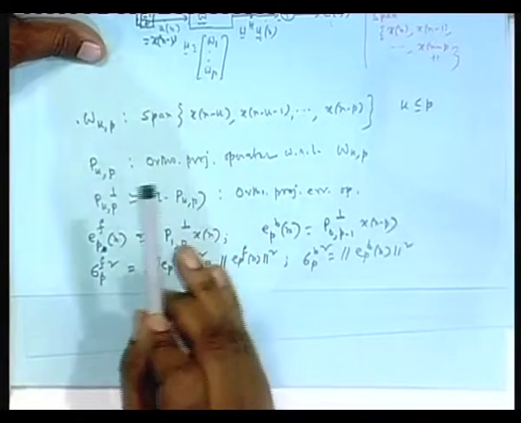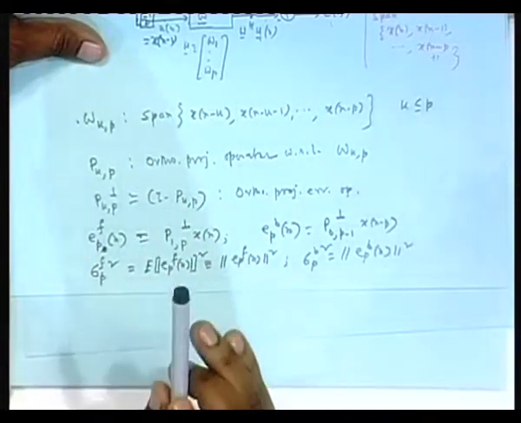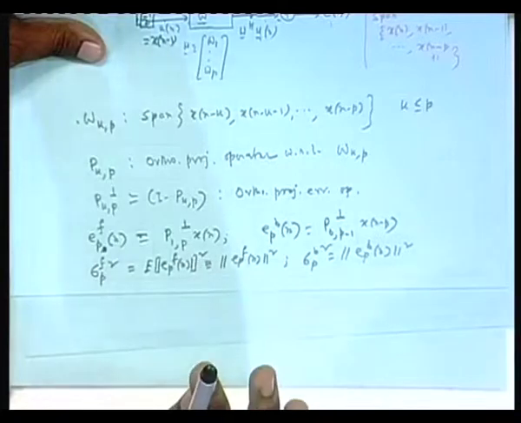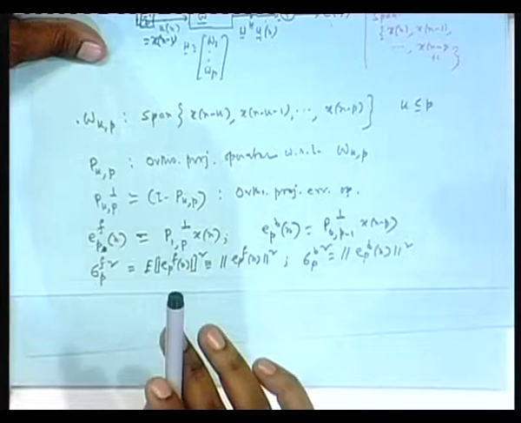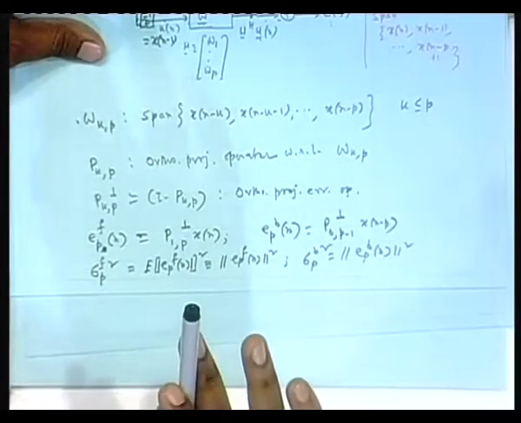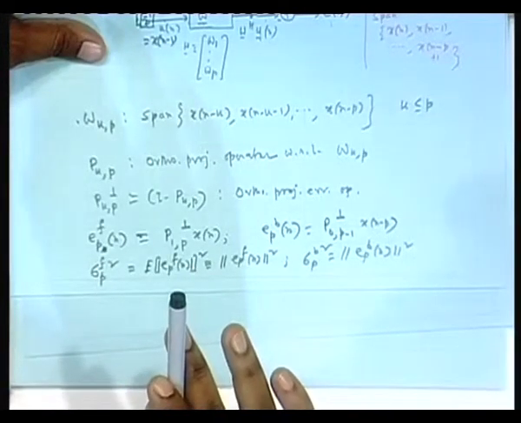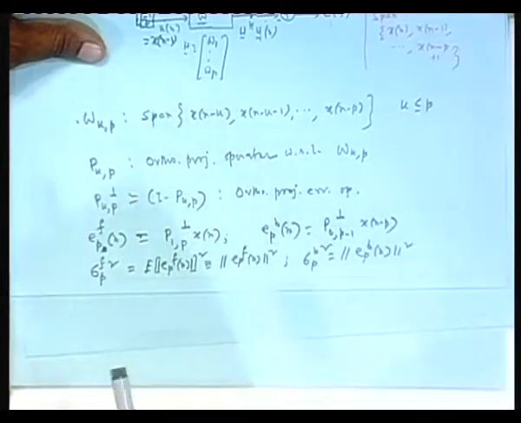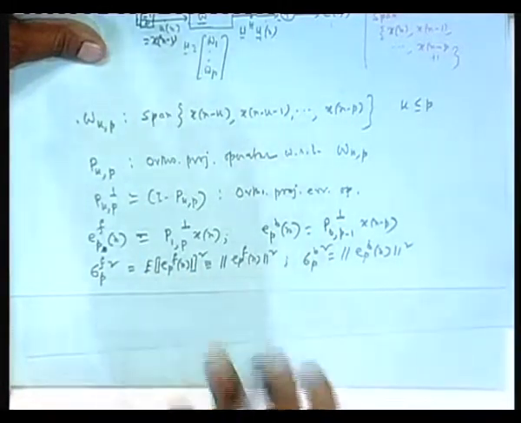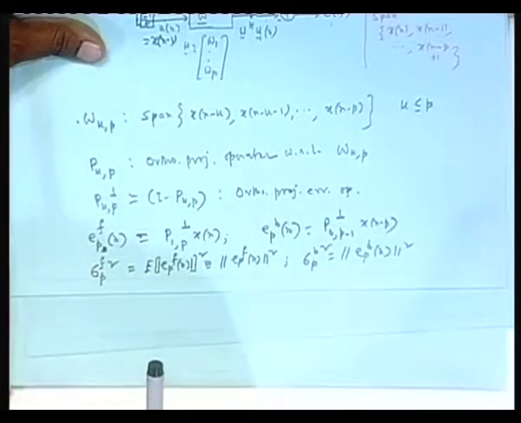So, to start with, assume small p to be equal to 1 or higher. I will have to take the case of p equal to 0 also, that I will do later. That is, at least first order prediction errors are given, that is p equal to 1. And you have to go for p plus 1, then p plus 2, p plus 3, like that, recursively.